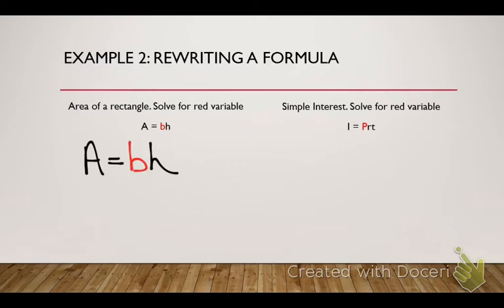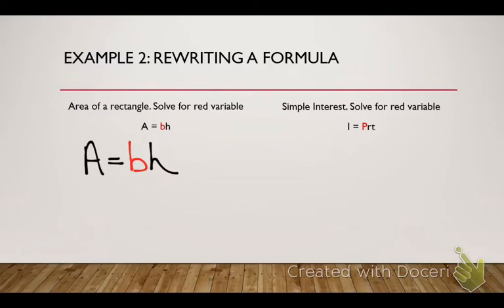All right, so A equals BH. Okay, so it asked me to solve for the red variable. Which variable is red? B. Okay, I know that's maybe not quite as much of a contrast on the screen, but yes, we're solving for B. So now we have to figure out what operation is connected with my variable. Is it addition between B and H? Is it subtraction? Is it multiplication or division?